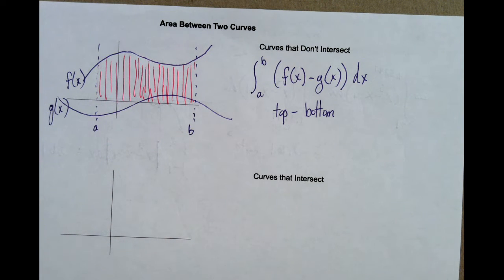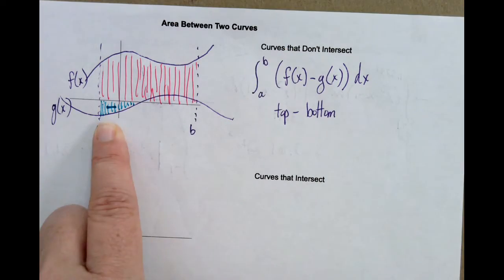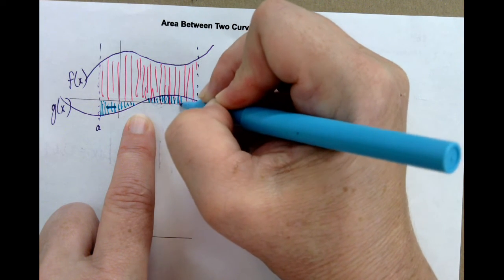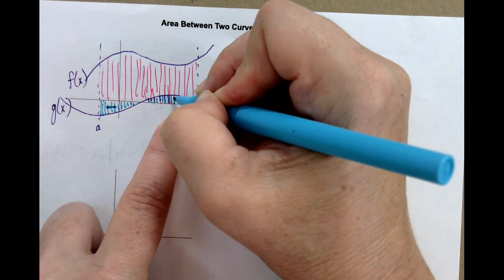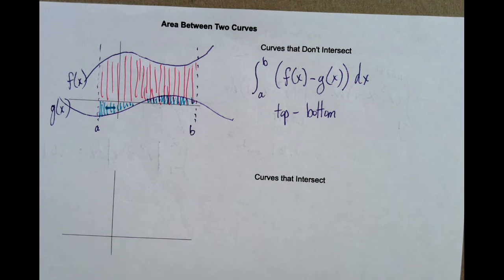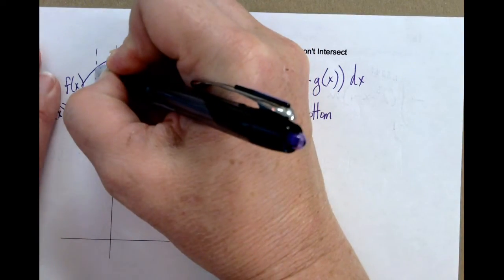If I do the integral of g of x, it will give me this, which is negative. Do y'all care if I put a little negative there? And this, which is positive area. So the difference between those would be the area, and I'm going to outline it.